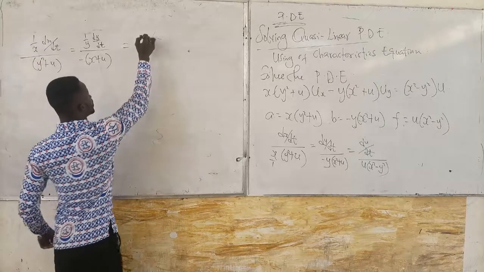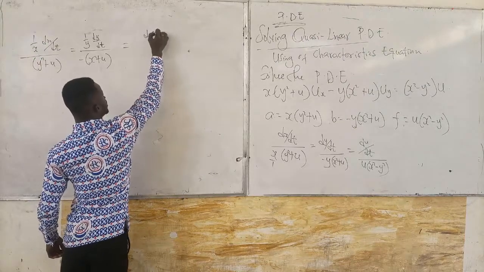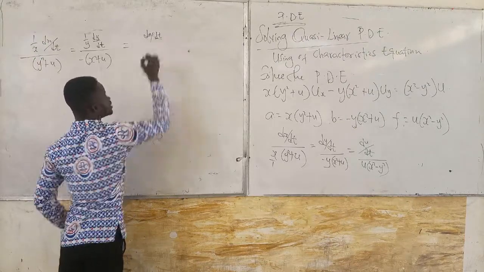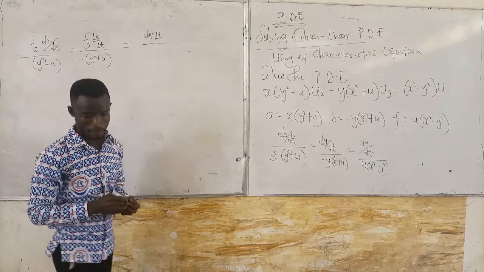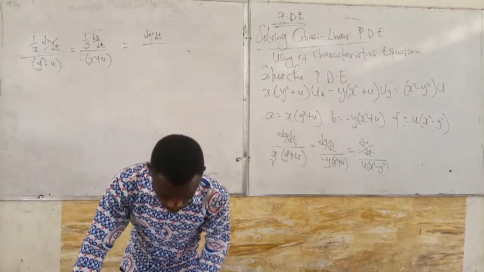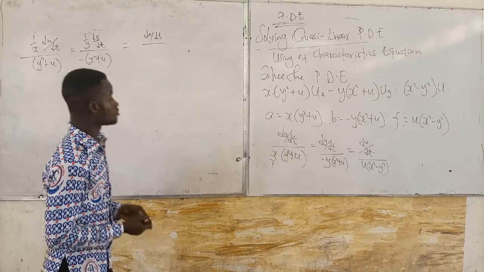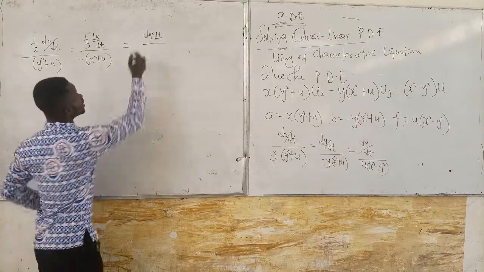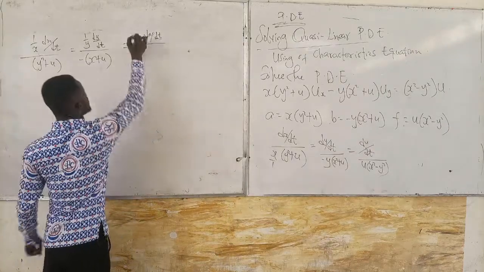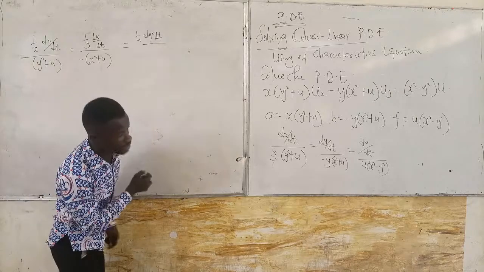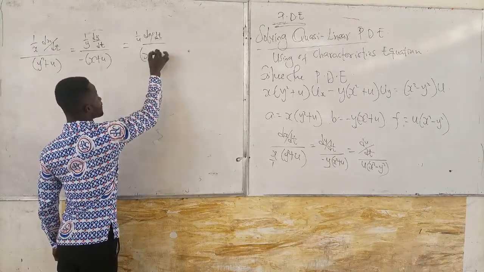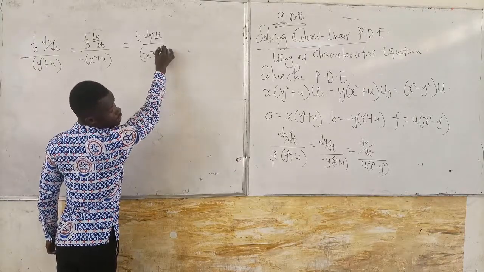Let's bring up the u over dt. The same way, 1 over u. Bring that, minus y.